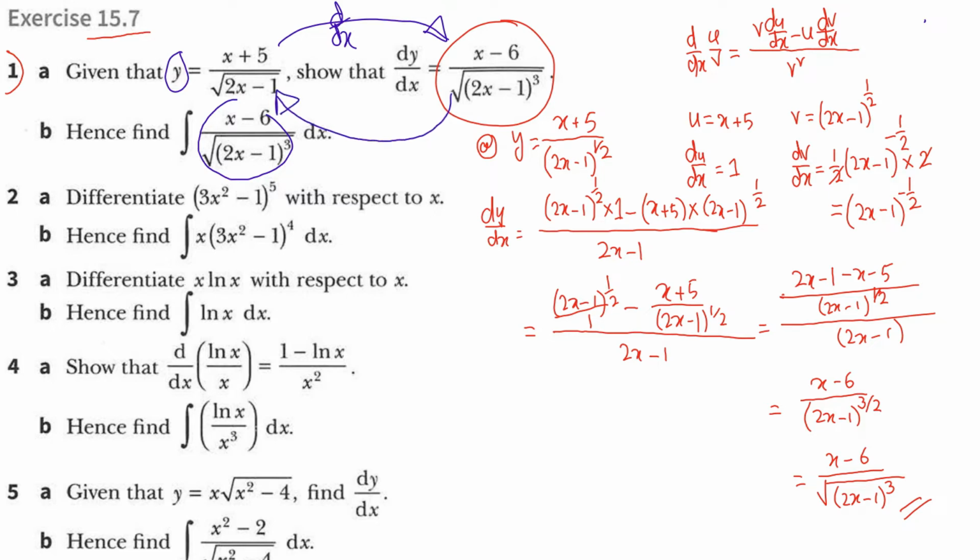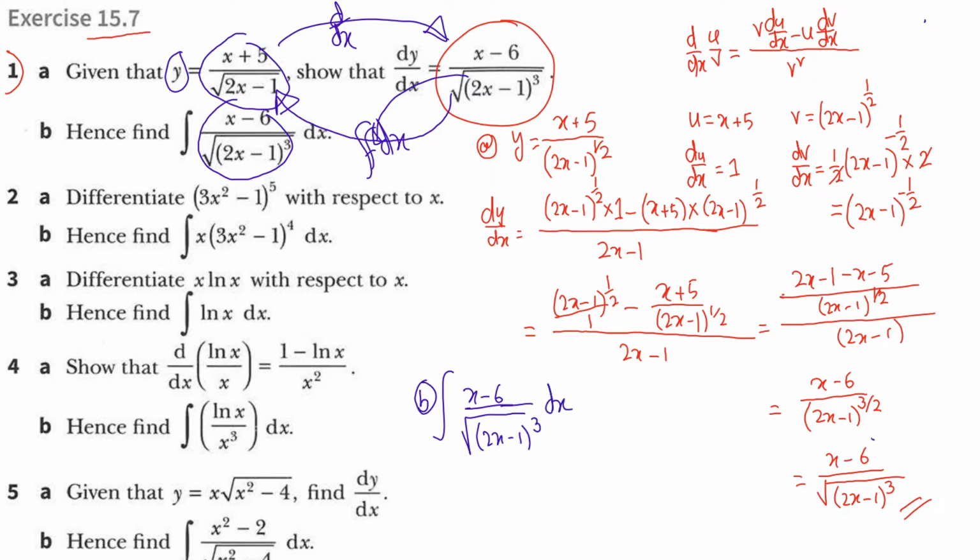If we integrate the same expression with respect to dx, it converts back to x plus 5 over this one, so it is reverse and vice versa. So we can write the integration of what is written there, the root of (2x minus 1) to the power 3 dx, they are asking.